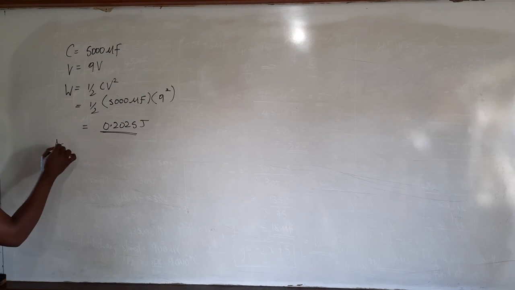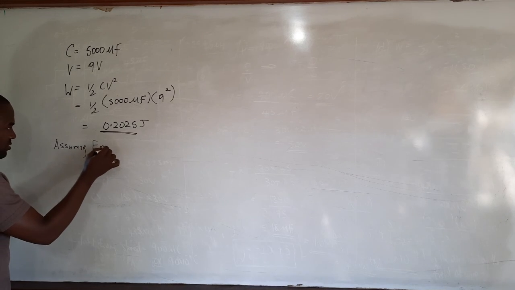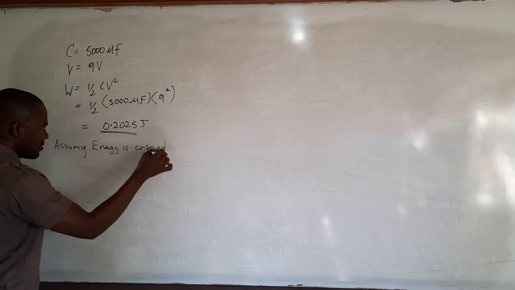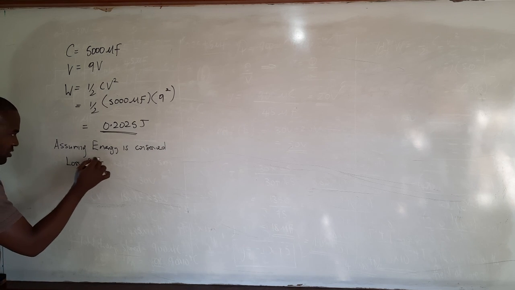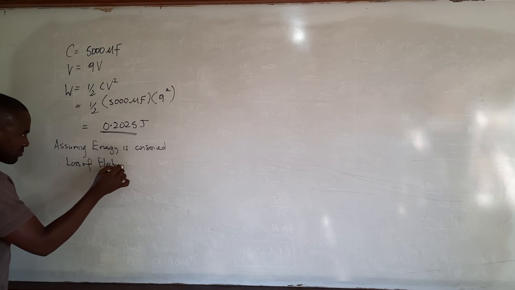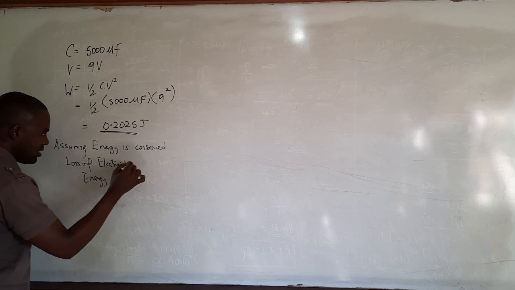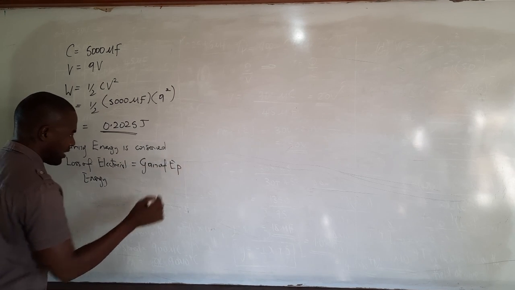assuming energy is conserved, loss of electrical energy is equal to the gain of gravitational potential energy.